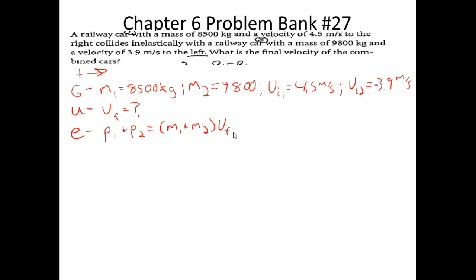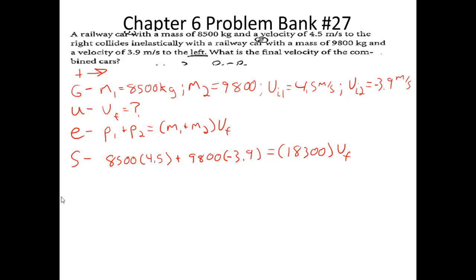Substituting everything in, we have 8,500 times 4.5 plus 9,800 times a negative 3.9 is equal to 8,500 plus 9,800, which will be 18,300, times our final velocity.